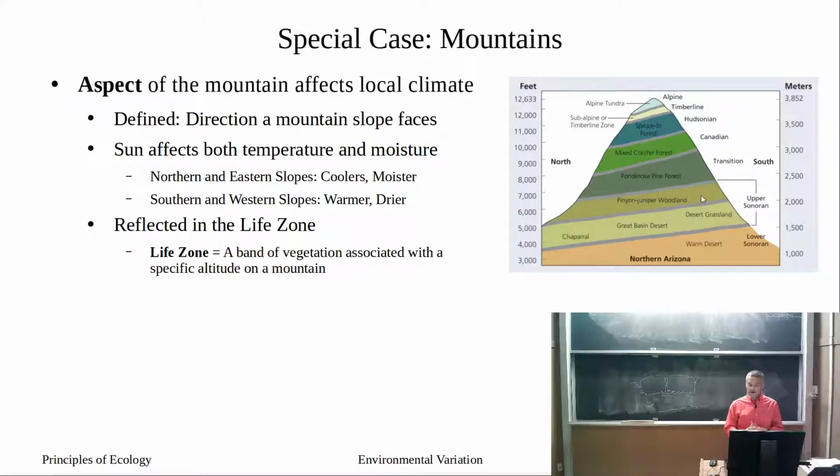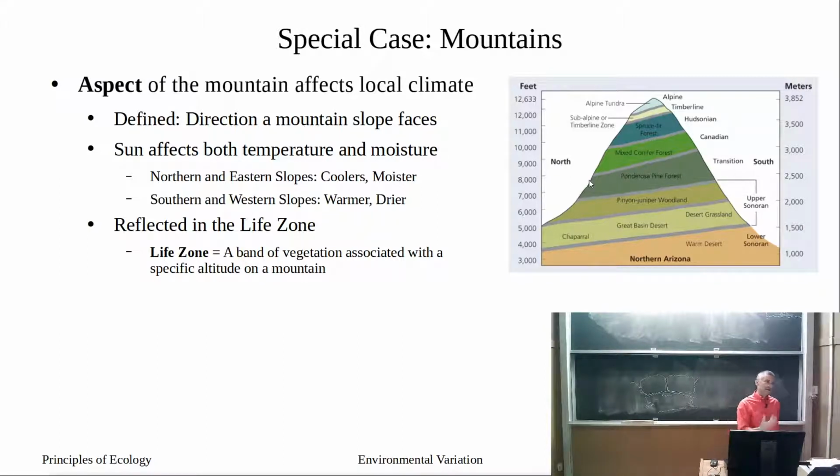If we think back to the law of tolerance, the optimal zone for those organisms is going to be at higher temperatures. The north slope is going to be cooler. So while a life zone, say the ponderosa pine forest, can go up to higher elevation on the south-facing side, it's at a lower elevation on the north slope. And that's due to our aspect.